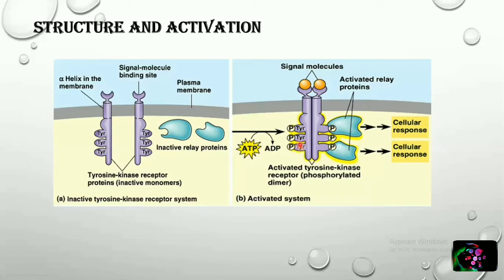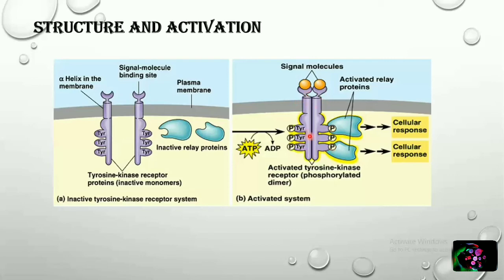That is, the tyrosine kinase is activated. The tyrosine kinase is activated by joining of the dimer and then phosphorylation, that is, ATP transfers phosphate to become ADP, and conformational changes occur to form the fully activated protein tyrosine kinase. So the joining of these two monomers forms a phosphorylated dimer.